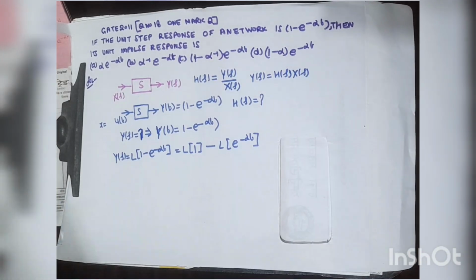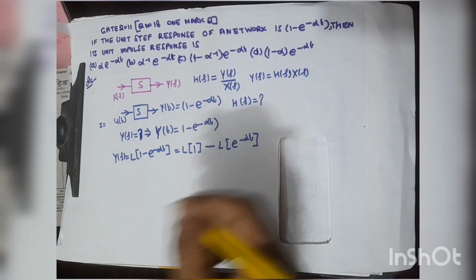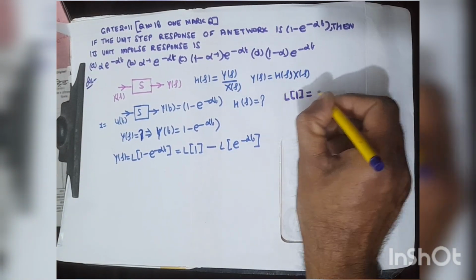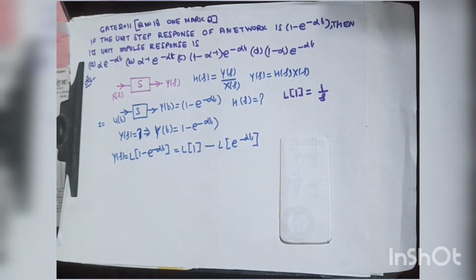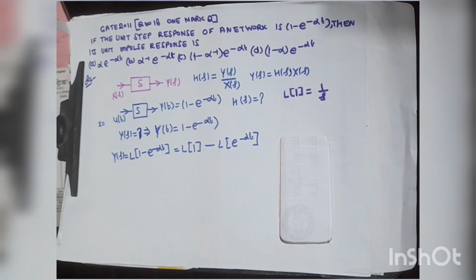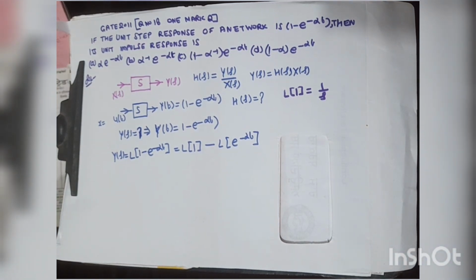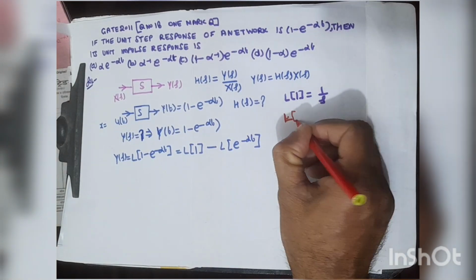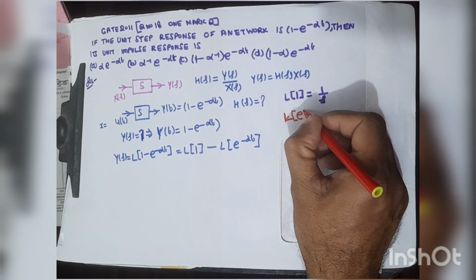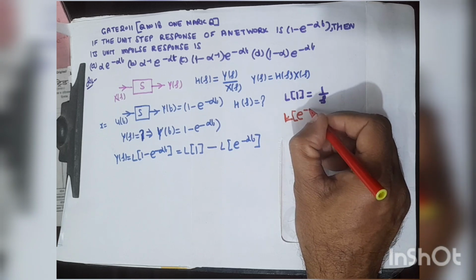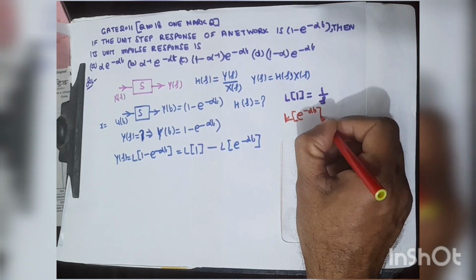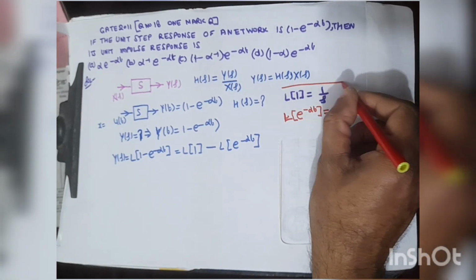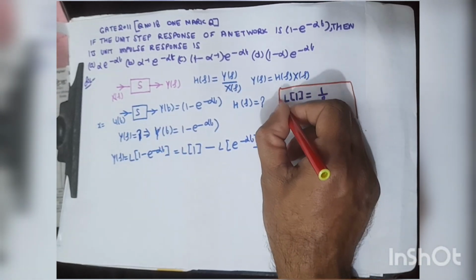Now we know the Laplace transform of 1 is 1 upon s, and the Laplace transform of e to the power minus alpha t is 1 upon s plus alpha. So we will use these two formulas here.